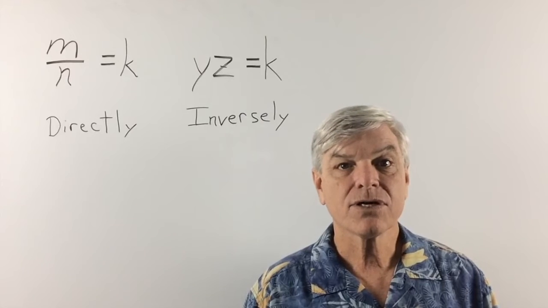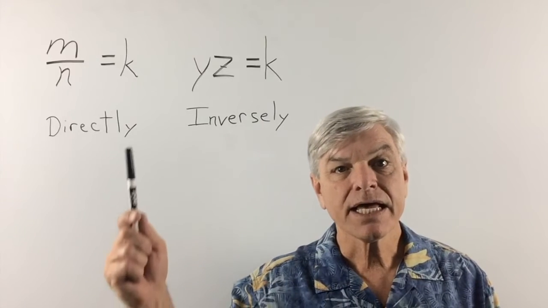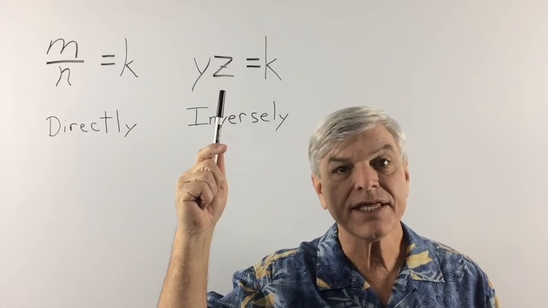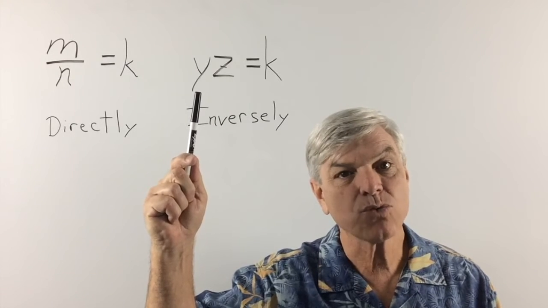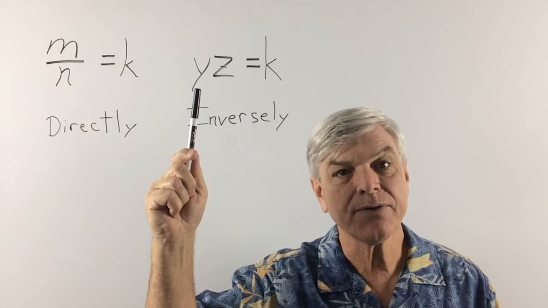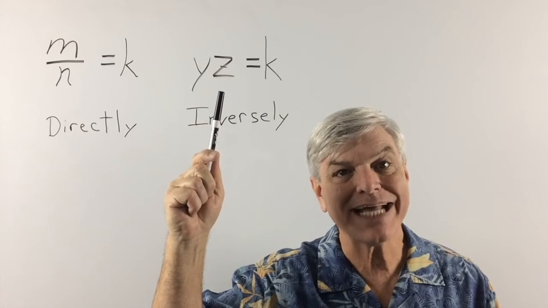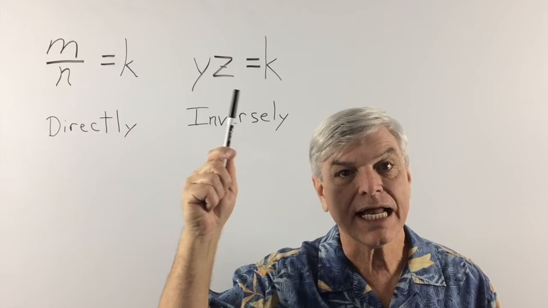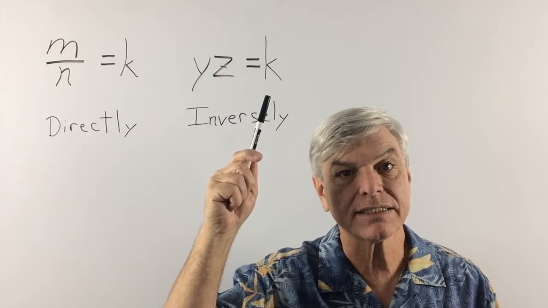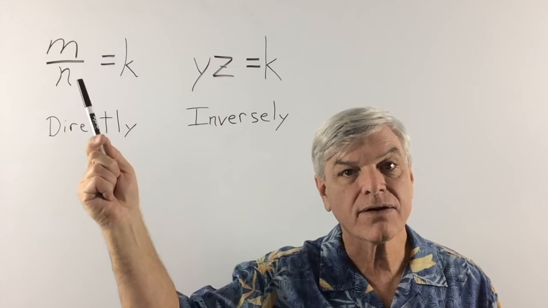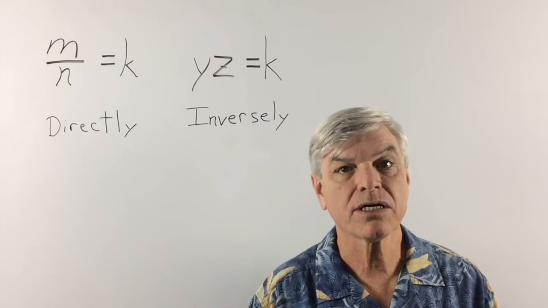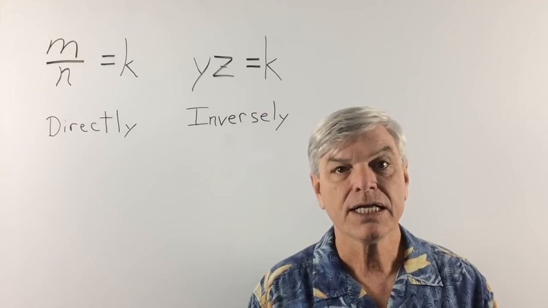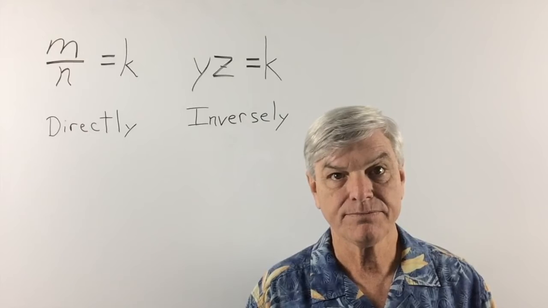And the inverse relationship is this, y times z. Now if you think about it, as y goes up in value, z is going to go down in value because we're multiplying two things and it has to equal the same constant. Whereas over here, it's one number over another number, so we don't have to worry about them both going up in value. Let me show you a couple of examples.